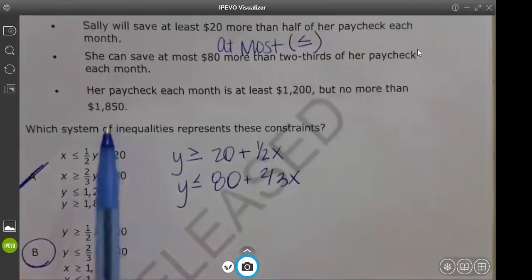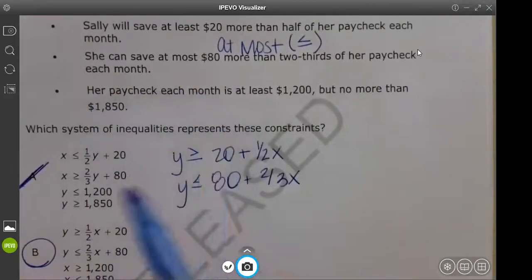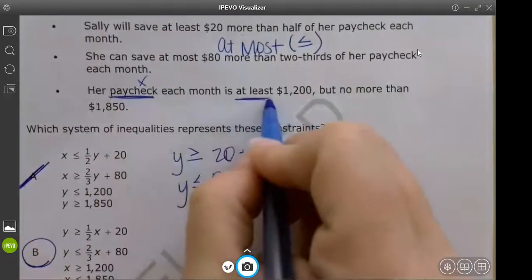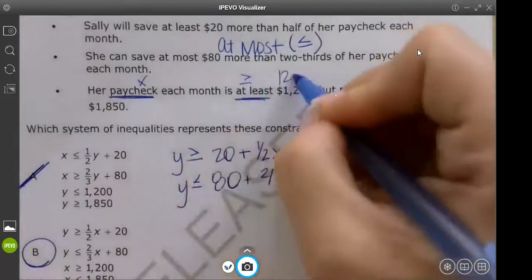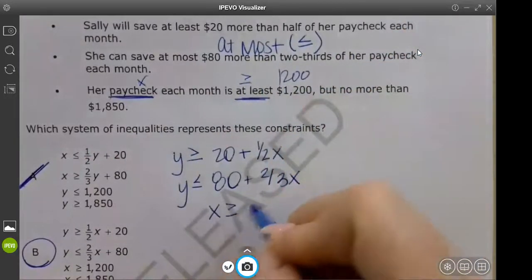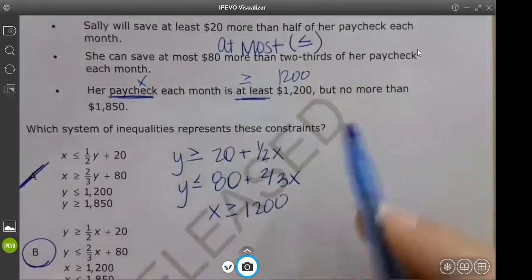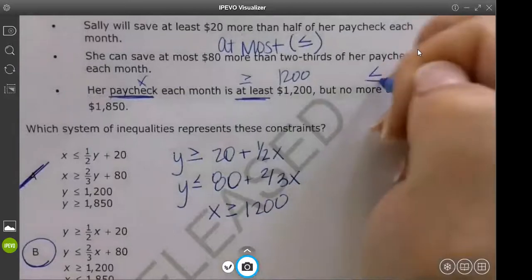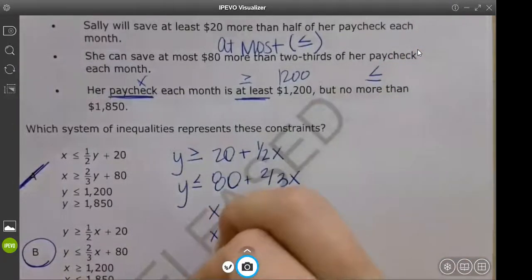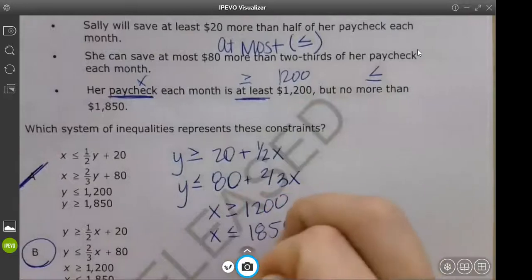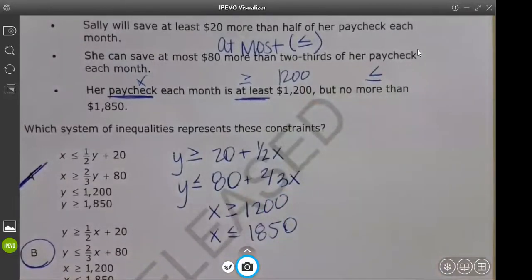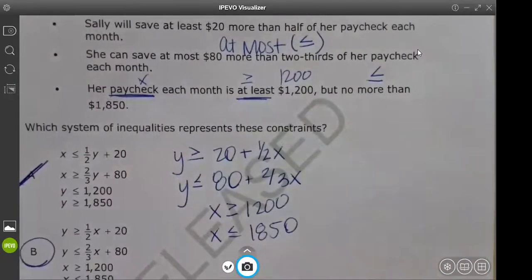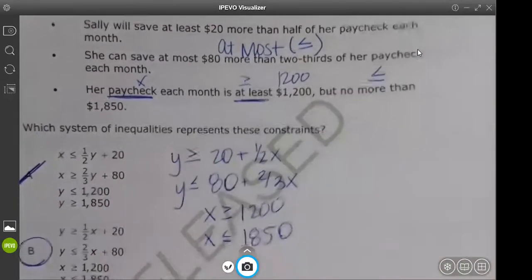The fourth bullet down here, her paycheck each month, which was X, is at least, greater than or equal to 1,200. There's where that equation comes from. But no more than, so less than or equal to 1,850. There's where that equation comes from. So again, know how to write equations from those words. And that's from like the very first unit that we did. Okay, so there's number 11.